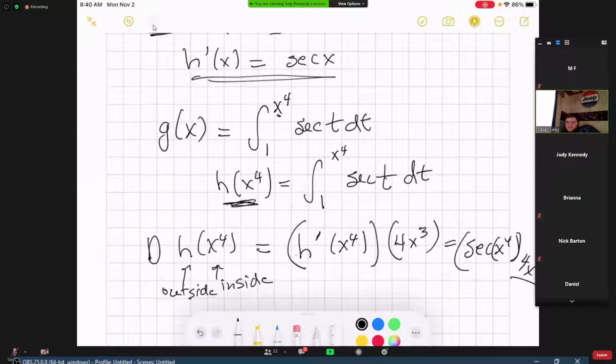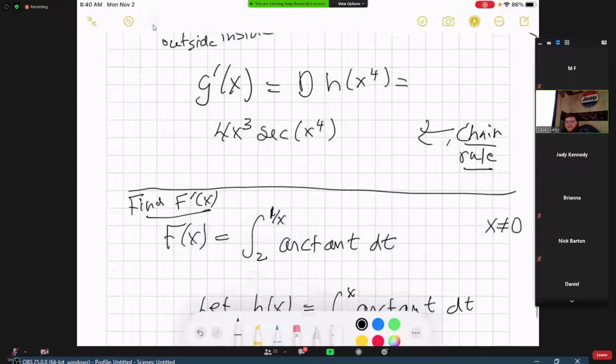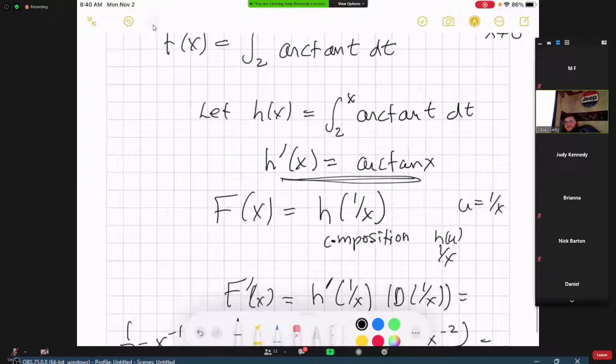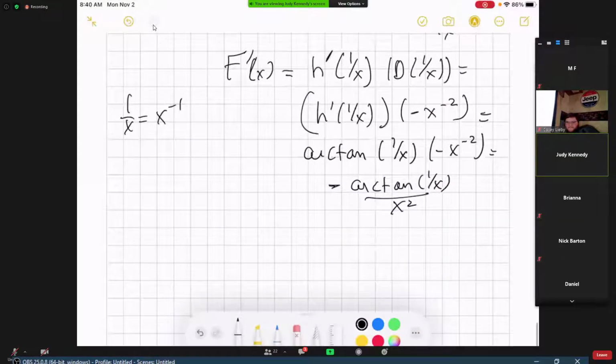Yes, ma'am. Okay. And someone in the chat just said yes. Okay. Well, it takes a little bit of getting used to. This is just a new way of defining a function, but it's something you can keep in your toolkit from now on.